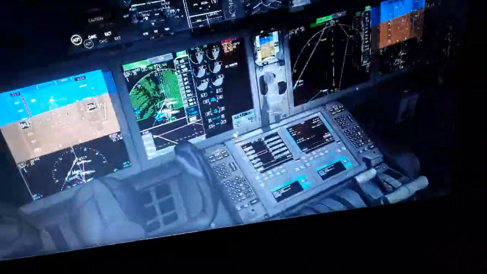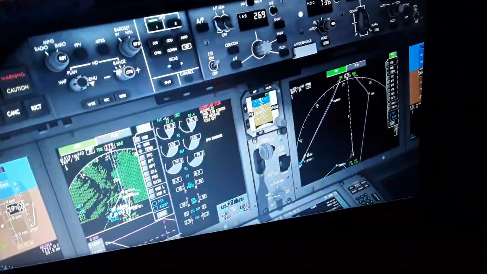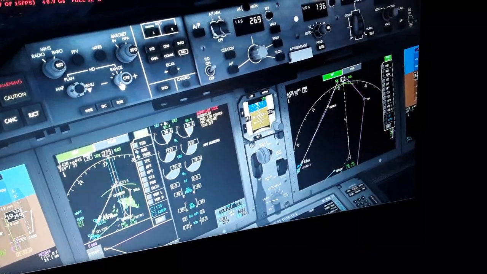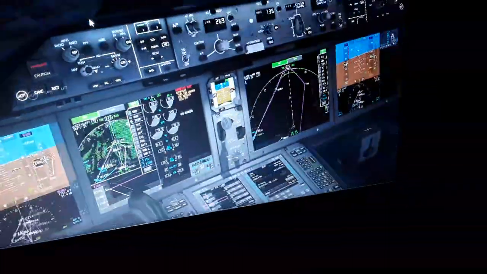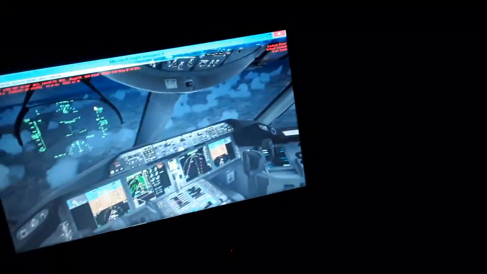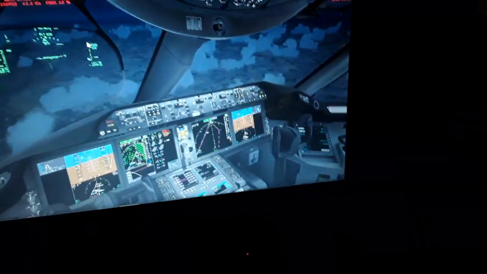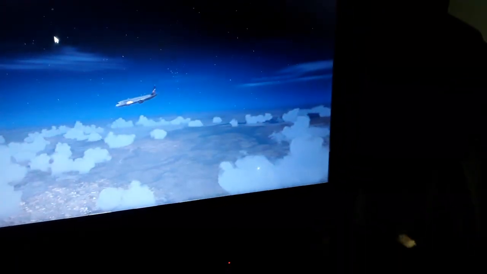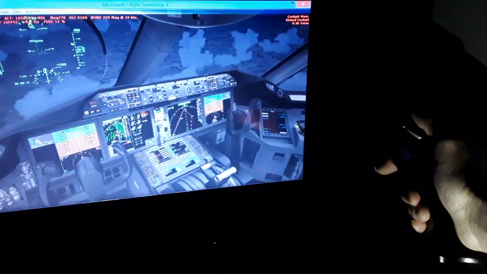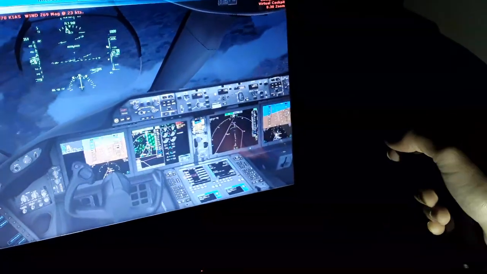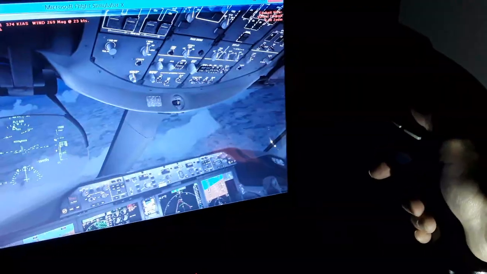And for landing, so this is a faster approach like this. So we keep flying manually like this. Now we're gonna be flying faster approach, like fighter jet way.